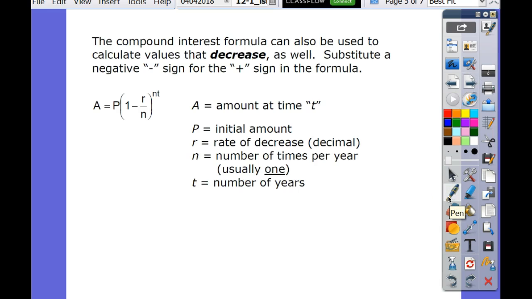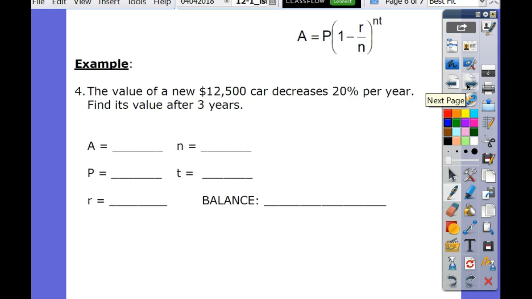Okay, not everything goes up in value. Some things go down in value. Another word for decrease, sometimes you will see the word depreciation. That means go down in value. One of the things that goes down in value is cars, except for one kind.